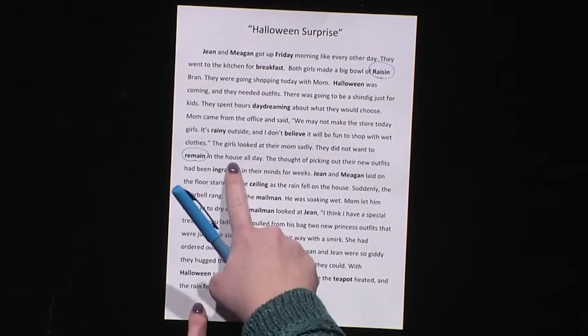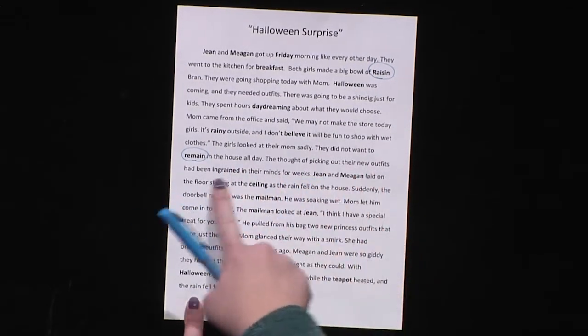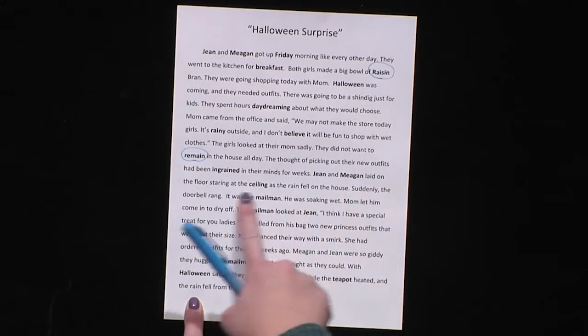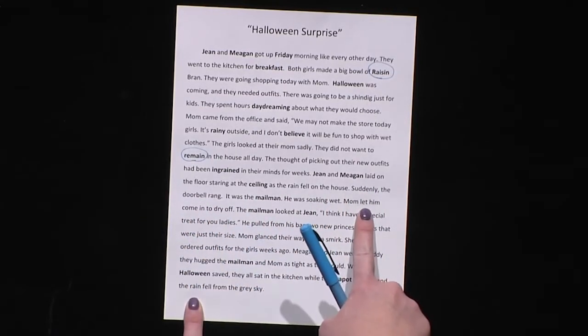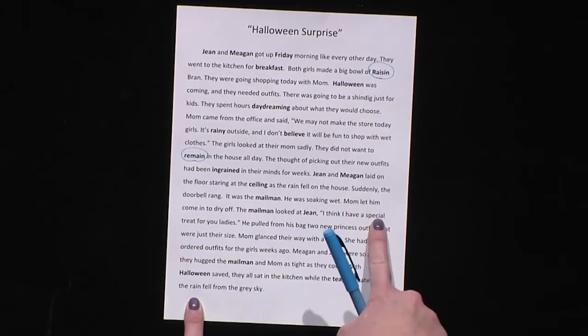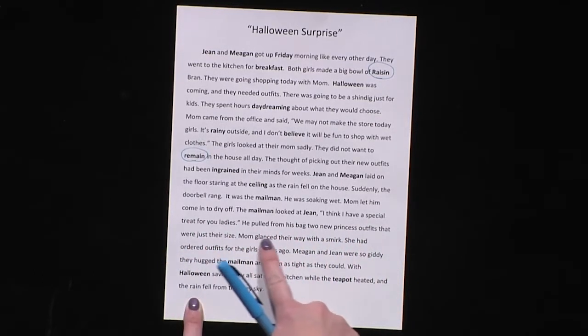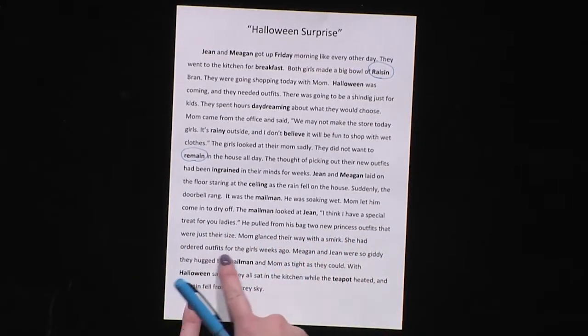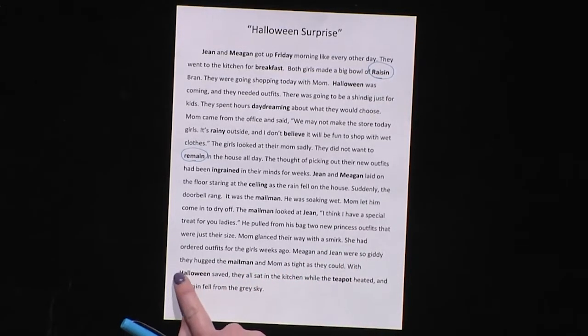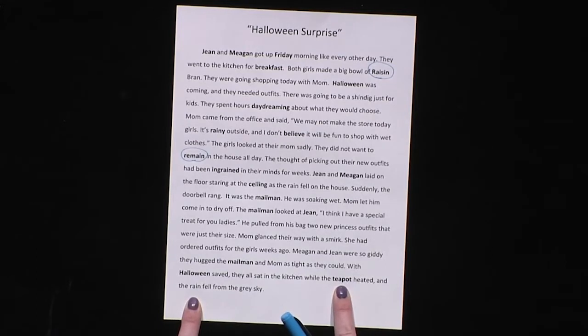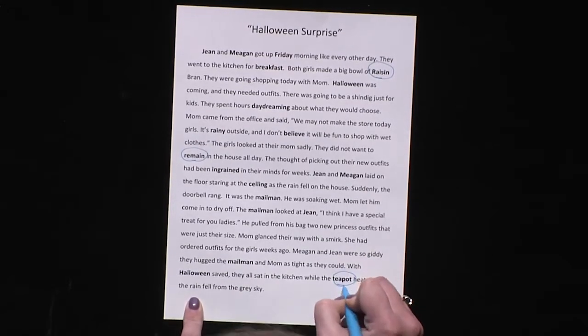Our third word we syllabicated was teapot. Let's find teapot. There it is, teapot.